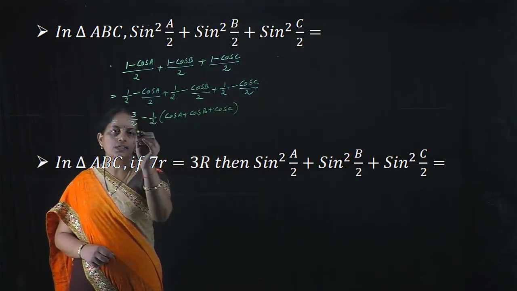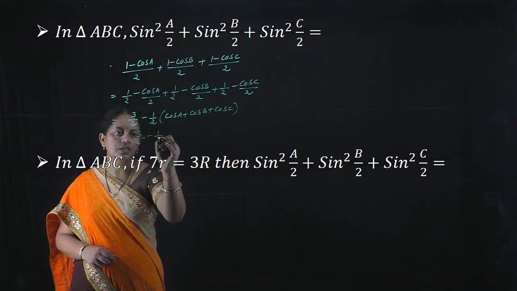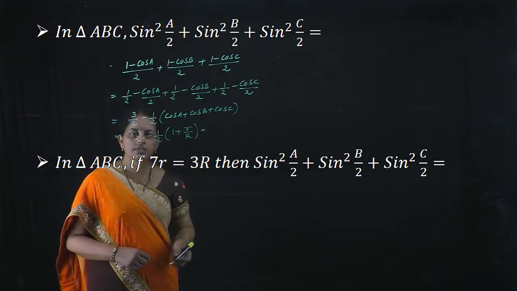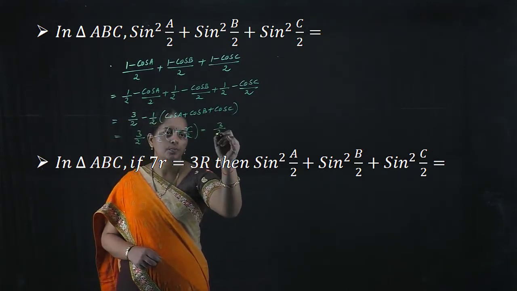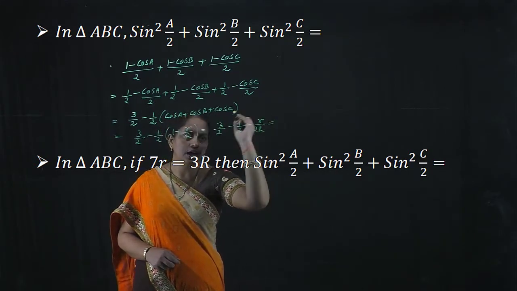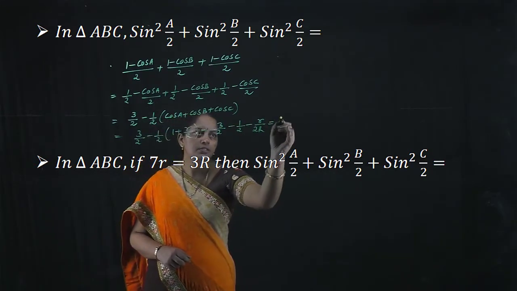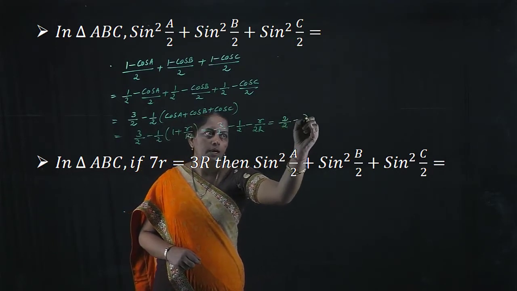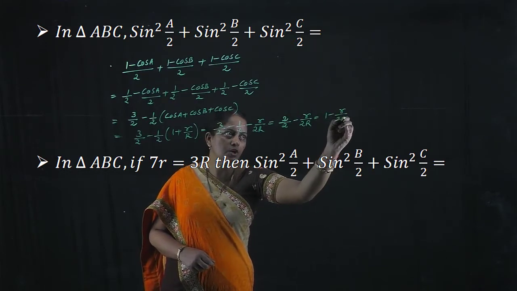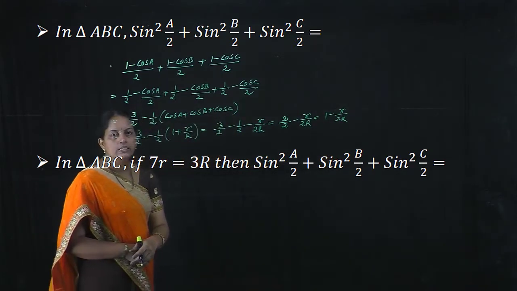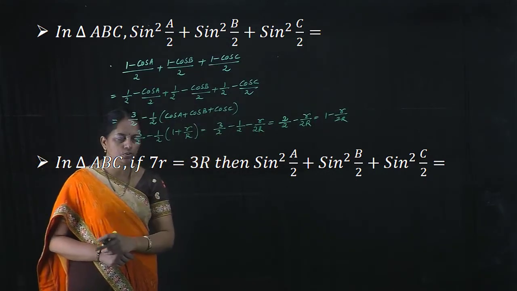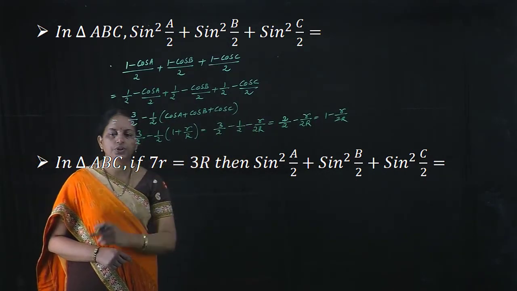We know that cos A plus cos B plus cos C is 1 plus small r by capital R. This is equal to 3 by 2 minus 1 by 2 minus small r by 2 into capital R, which is 2 by 2 minus small r by 2 into capital R, equal to 1 minus small r by 2 into capital R. Hence, sin square A by 2 plus sin square B by 2 plus sin square C by 2 is equal to 1 minus small r by 2 into capital R.